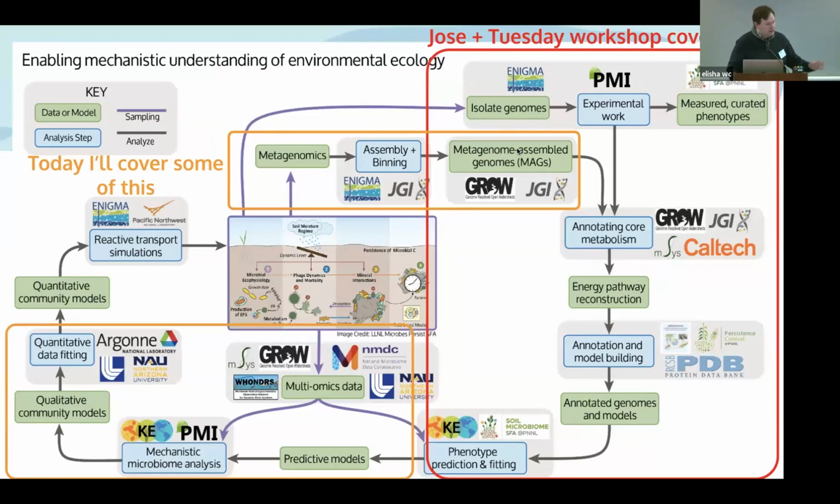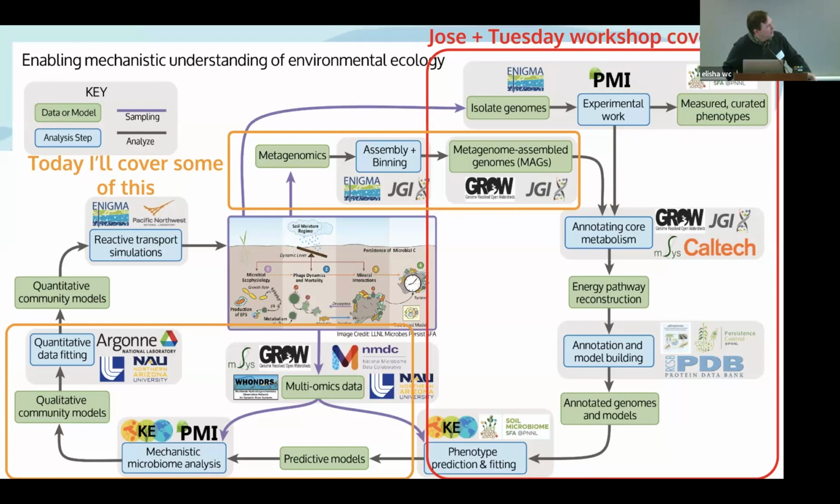We're implementing this diagram. We call it the mechanistic ecology diagram. We've gone over this with the SFAs and the BER community in the past, and it really captures all the steps from raw reads to ultimately reaction transport models, which we're not there yet, but we want to. A lot of us have that goal of getting there.